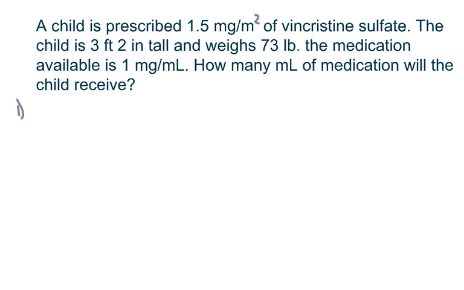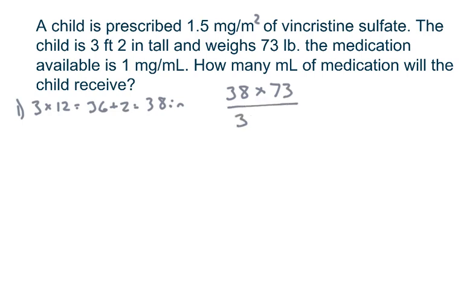He's 3 feet 2 inches, so I take the 3 feet and change it to inches. 3 times 12 is 36, plus the other 2 inches, so 38 inches. This is the English version, so you do inches times the pounds, over 3131, and then hit square root. 38 times 73 equals, divide by 3131 equals, square root button.